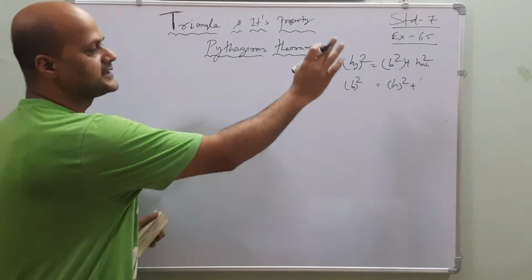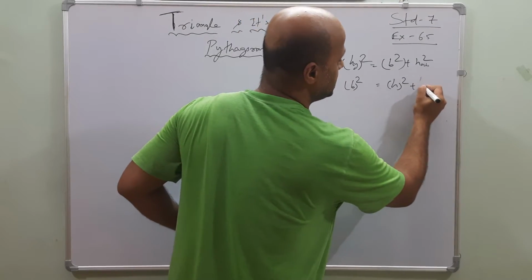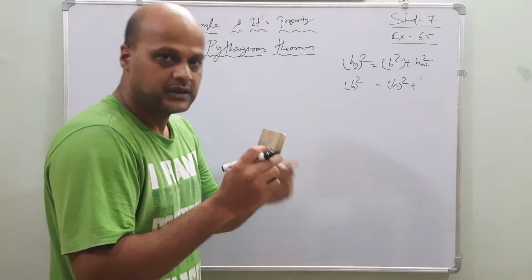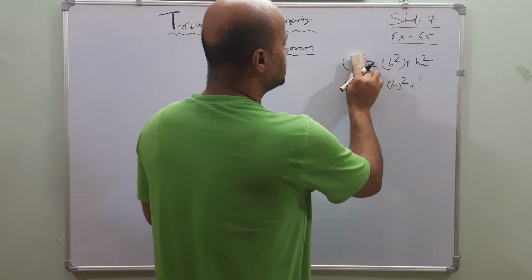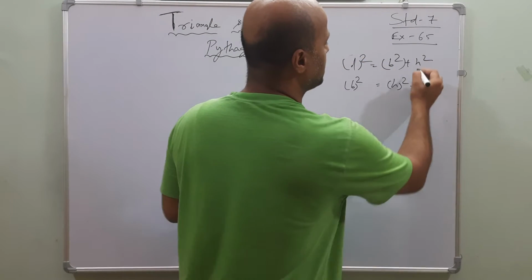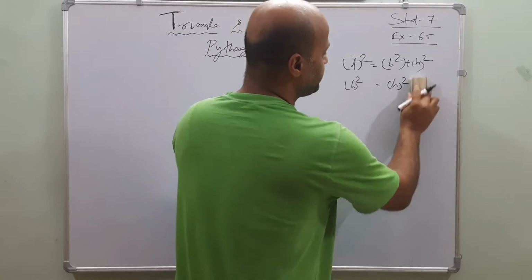Don't confuse about H. I will change hypotenuse into diagonal so that it will be easily understood by you. So I will say that d square is equal to b square plus h square. And b square is equal to what? d square minus height square.